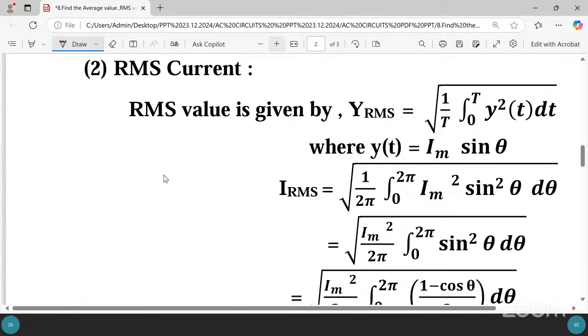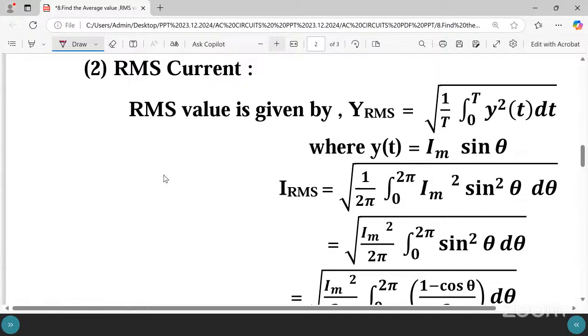What is the RMS formula? Under root of 1 by T, 0 to T, y square of t dt. What is the time period? We can take a full cycle or half cycle for a symmetrical waveform. What have I taken here? Full cycle, 1 by 2 pi, 0 to 2 pi. What is y of t? Im sin theta, so Im square sin square theta.